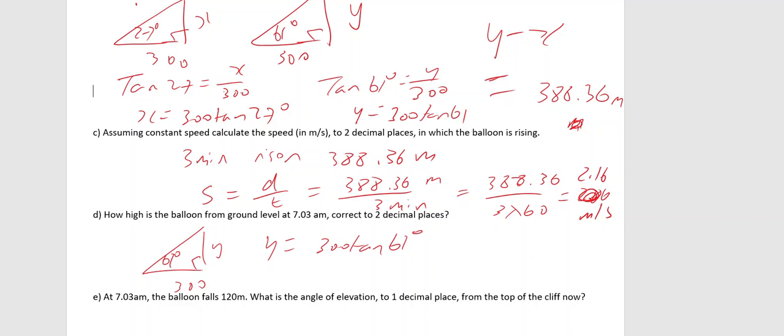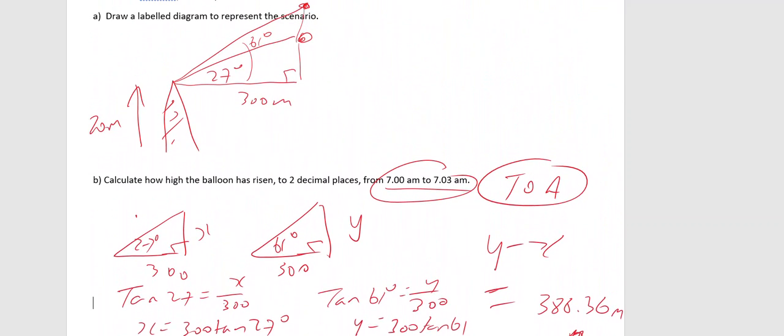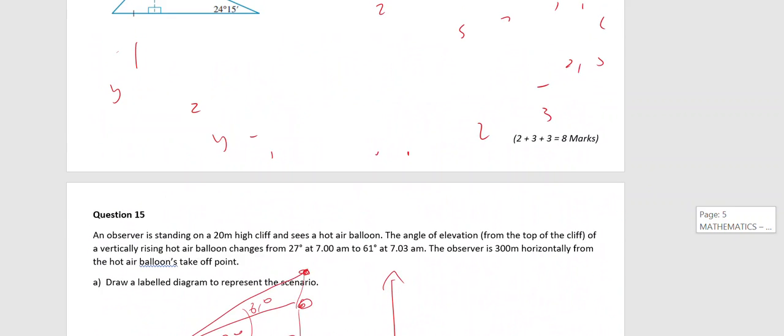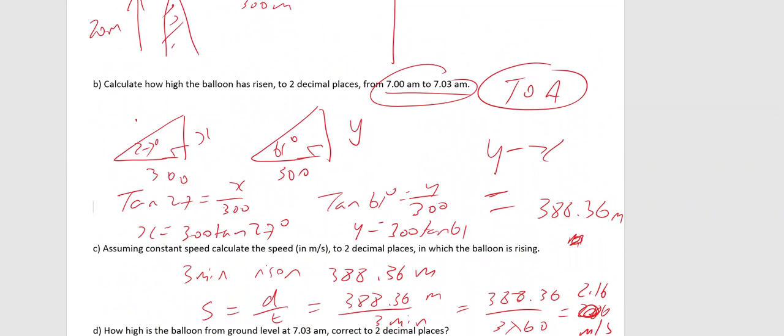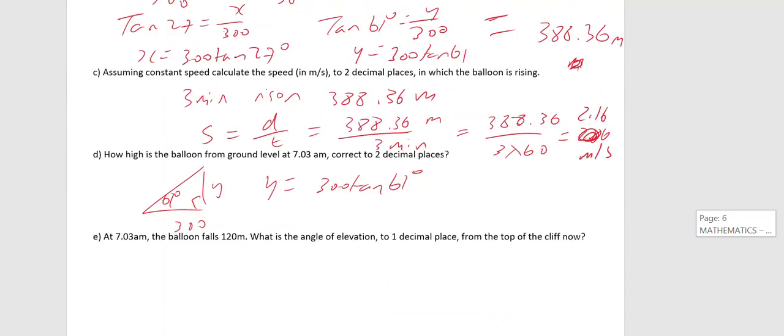At the start, we were traveling on top of a cliff. If we look back here, there was a cliff, so the height would be your total height at 7:03 a.m. So you need to add y to the cliff. How high was the cliff? Let's check. 20 meters. So whatever your answer was, you need to add 20 meters.